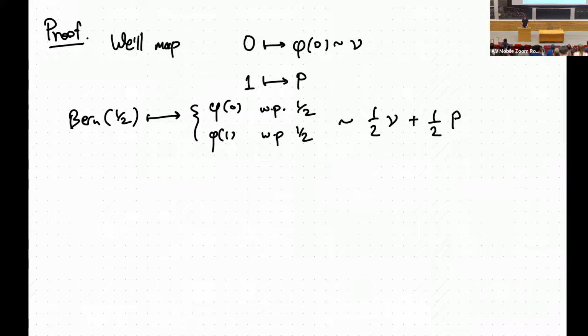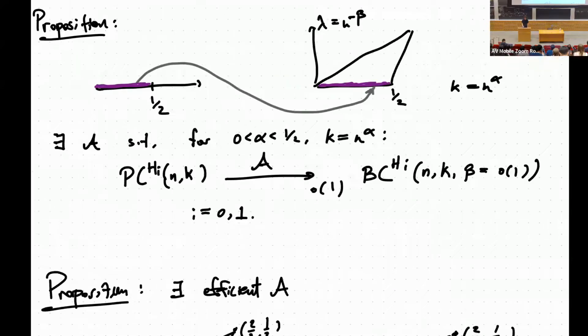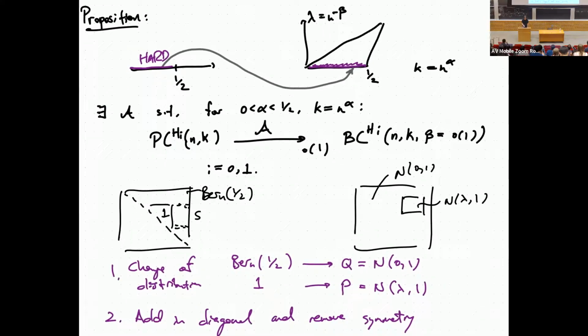Okay, so we're really hoping that this is equal to Q. And just to emphasize, why are we hoping that it's equal to Q? Well, we're going to apply this map to every single entry of the input adjacency matrix. We're going to get some matrix at the output, and we're hoping that all the Bernoulli half entries get mapped to standard Gaussian, right? And all the clique entries get mapped to Gaussian with mean lambda.